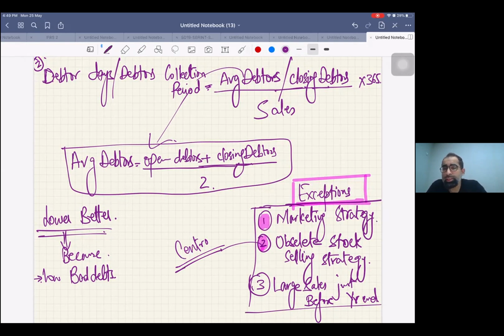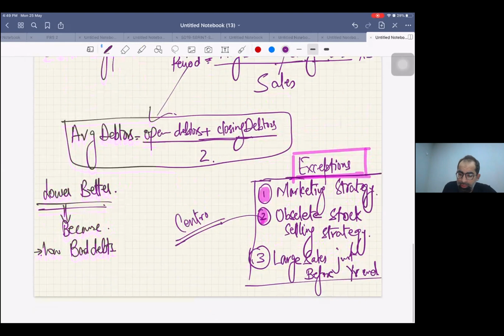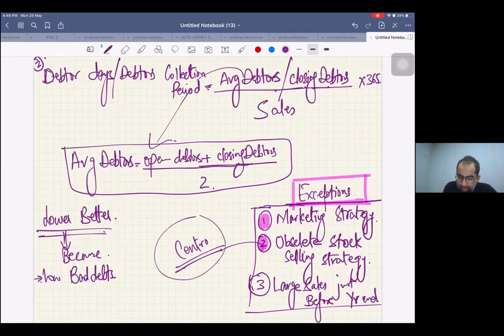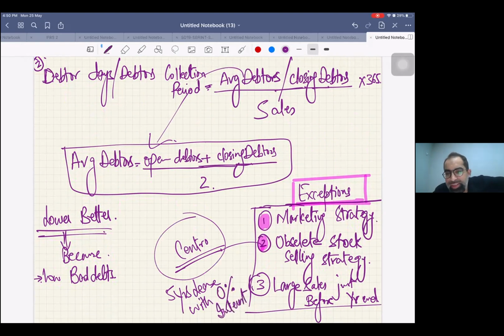So you know what they decided? They gave an advertisement in the newspaper: take this Centro car from us on a 5 year lease, with 0% interest rate. That means pay slowly over 5 years without any interest.